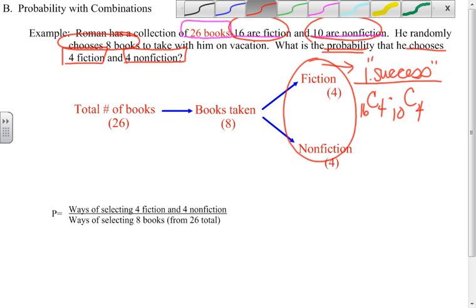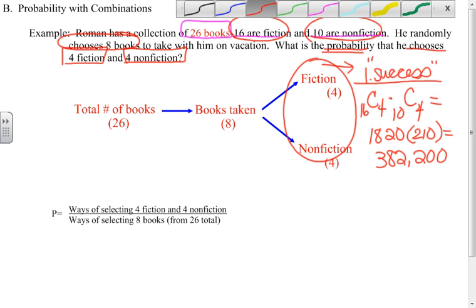So that number, when you work it out, ends up being 1,820 times 210, which is 382,200. So there are 382,200 ways to pick 4 fiction and 4 nonfiction, because order doesn't matter, so we use the combination.